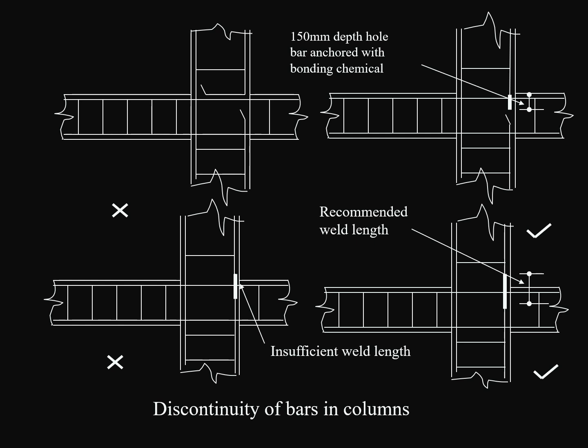If the bars are cut at the surface and no bars are left for extension, you have to drill the hole, go to the previous bar provided in the lower column and weld with the new bar with the recommended weld length, and then extend the bars for further floors.